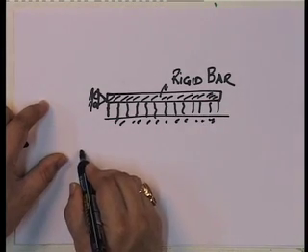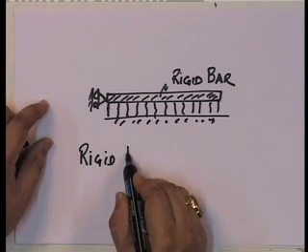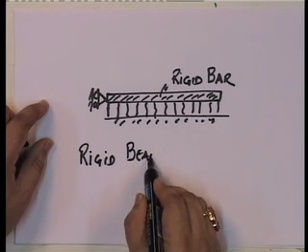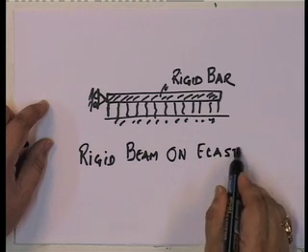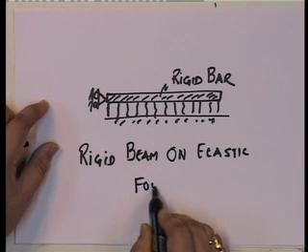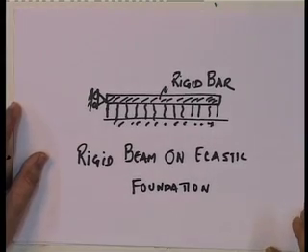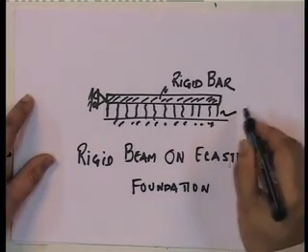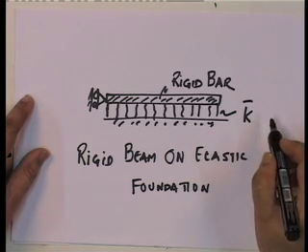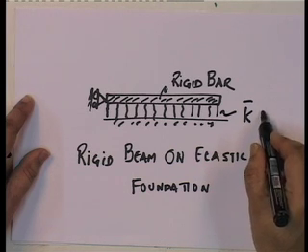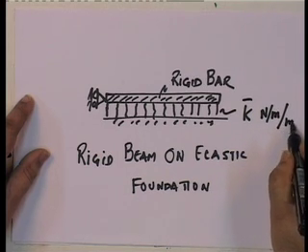So, this is a rigid beam on elastic foundation. Okay. So, this is a rigid beam on elastic foundation, and let us say that the subgrade modulus is given as K Newton per meter per meter.